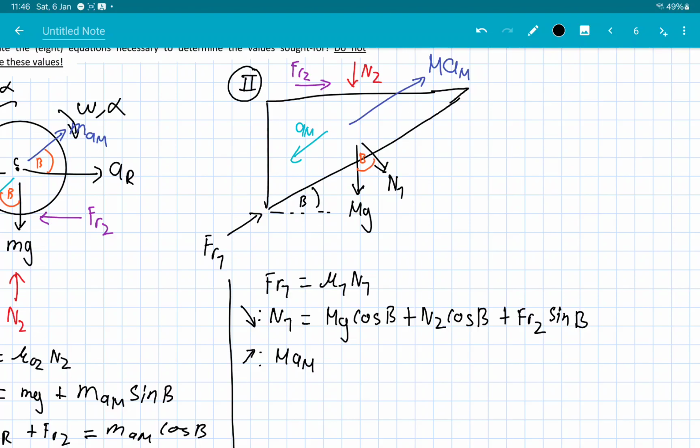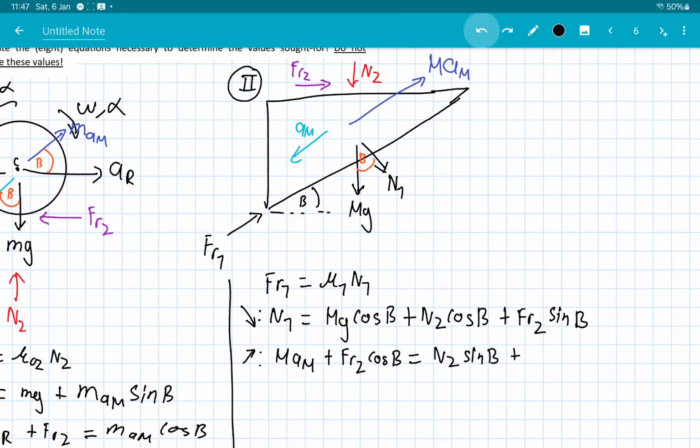We also have plus FR2 cos beta equal to N2 sine beta and plus N1.